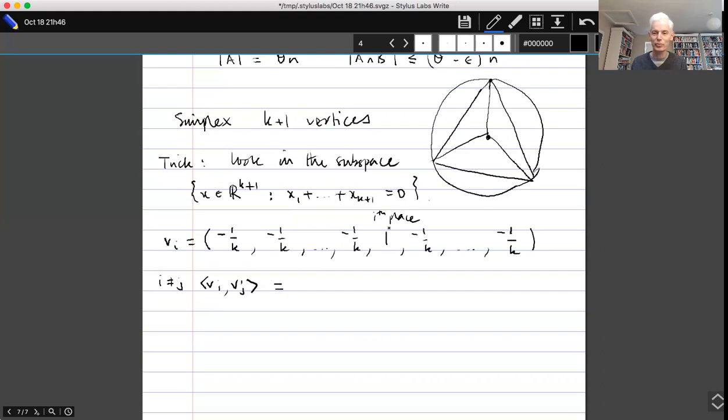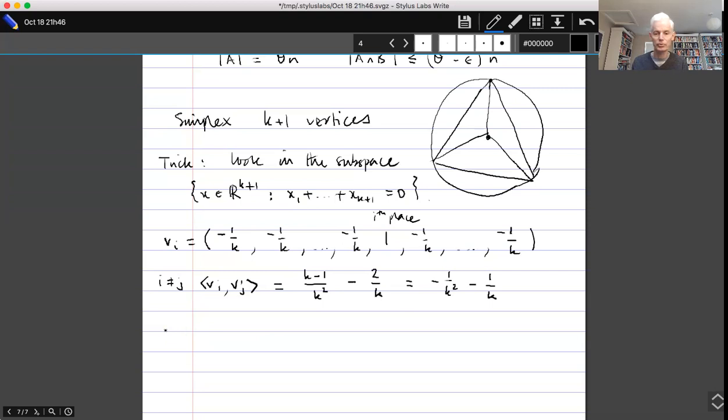There are 2 places where there's a 1, the 1 for the vi and the 1 for the vj, and then there are the remaining k minus 1 coordinates where we get a (minus 1 over k) squared. And in the 2 coordinates where we've got either the 1 of vi or of vj, we will get a product of minus 1 over k, so that's minus 2 over k. And that equals minus 1 over k squared minus 1 over k.